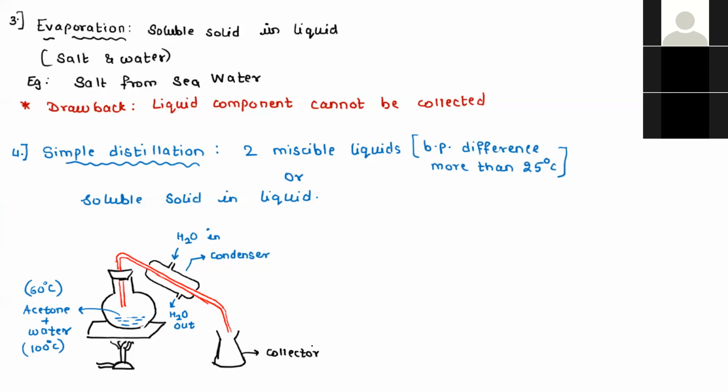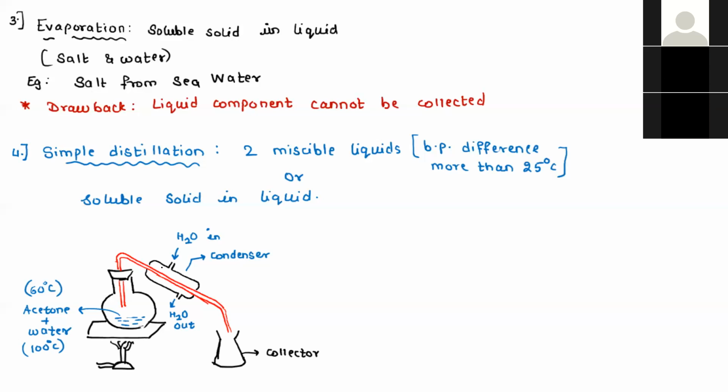And what happens is, when you start heating, there are two liquids in this. So who has a lower boiling point? Can I say acetone? Acetone has a low boiling point, so that acetone will come out first.